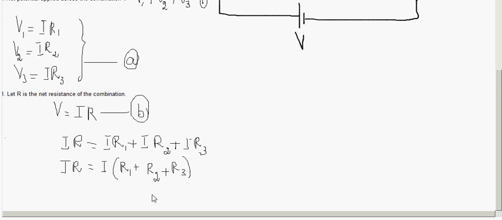From this we get R is equal to R1 plus R2 plus R3. So the net resistance in series combination is given by the sum of the individual resistances. R is R1 plus R2 plus R3.